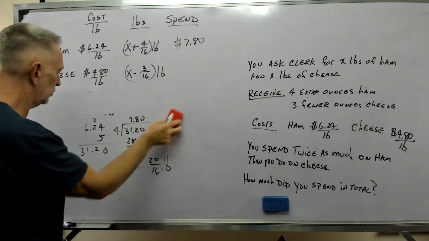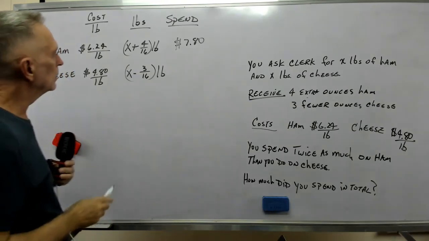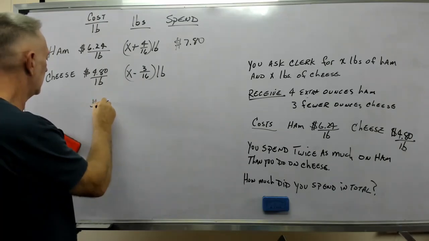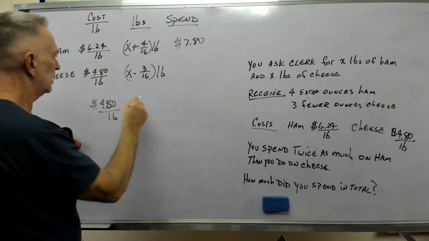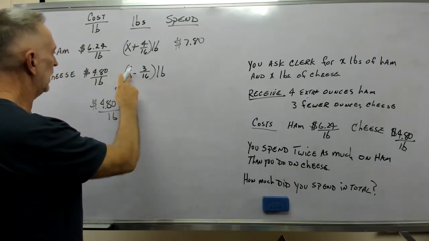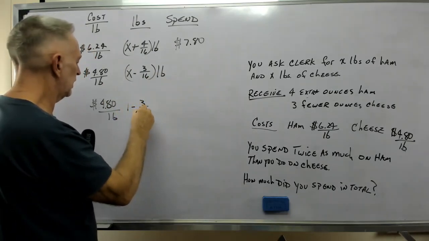So let's go through the same process. All right, so we have 480 per pound times x minus 3 over 16. And x now is 1. So we have 1 minus 3/16.